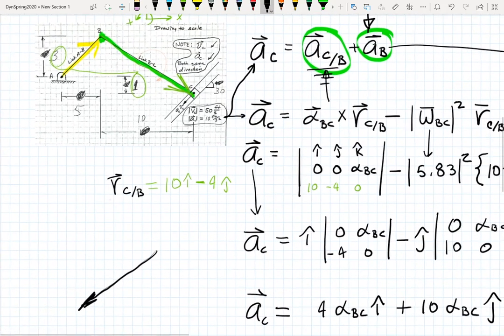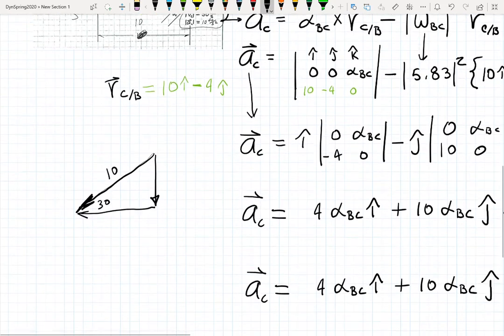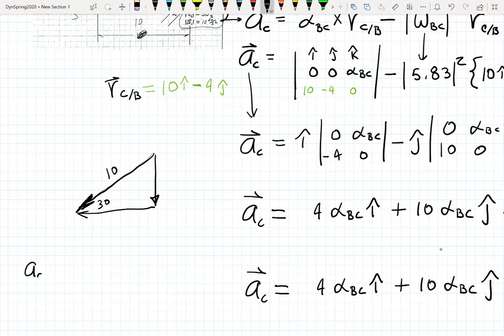I'll try to zoom in on it so it's a little easier. So if we drew a line out here, this would be 30 degrees. This now is 10. So the acceleration of C as a vector becomes minus 10 cosine 30 i minus 10, oops, that's supposed to be a sine, sine 30 j.